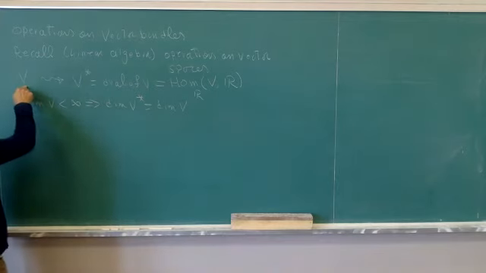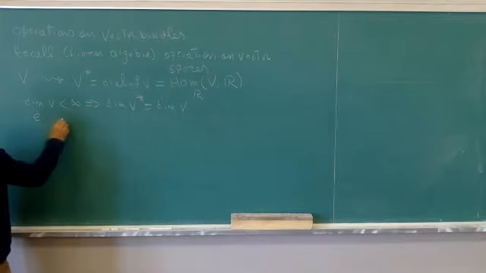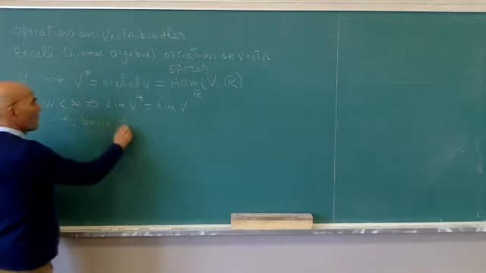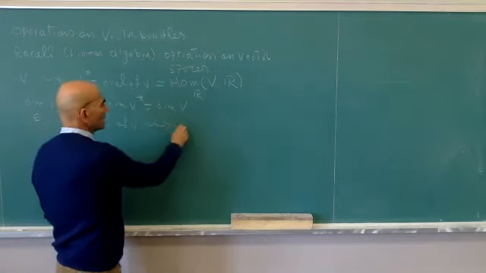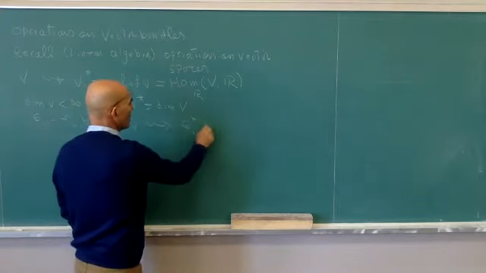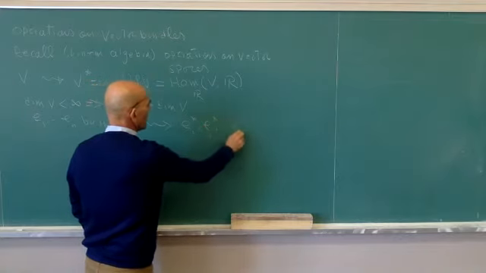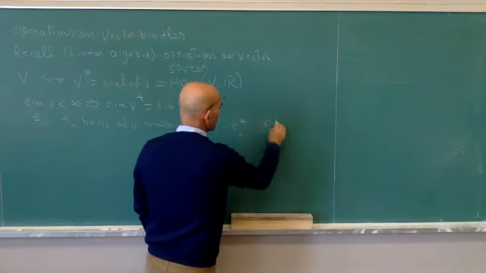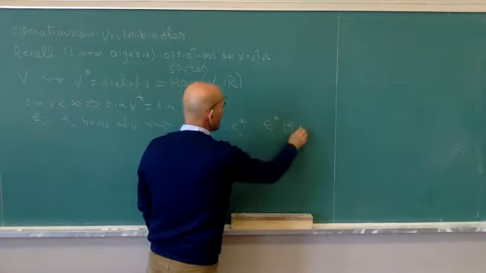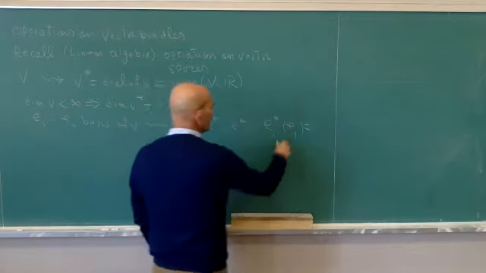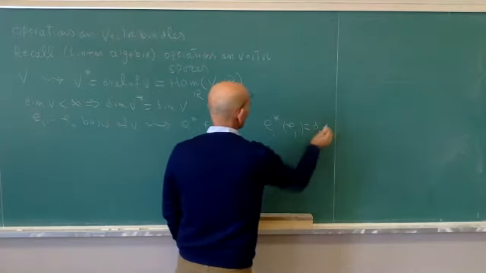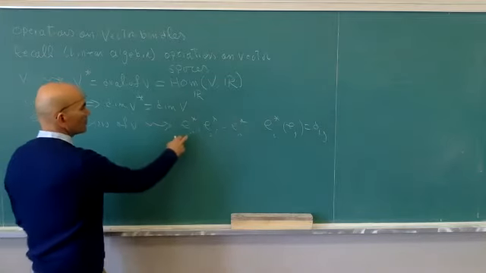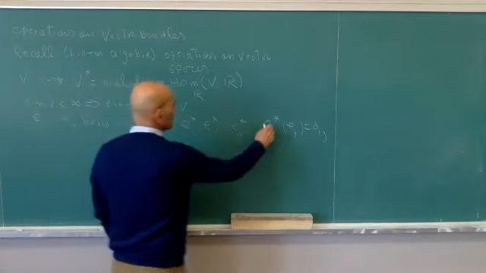If you choose a basis of V, you can construct a basis E1 star, E2 star, ..., En star for V star that has the property that Ei star on Ej is equal to delta ij. Okay? And in fact, it's better to put these things up here. So Ei star.